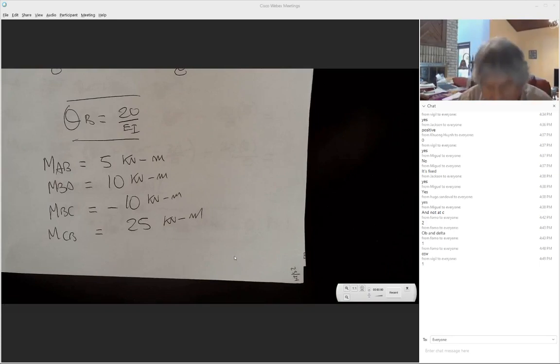Any question up to this point? And this 4EI, 2EI theta, the delta 6EI, the computer uses this to set up huge problems. Any question up to this point?